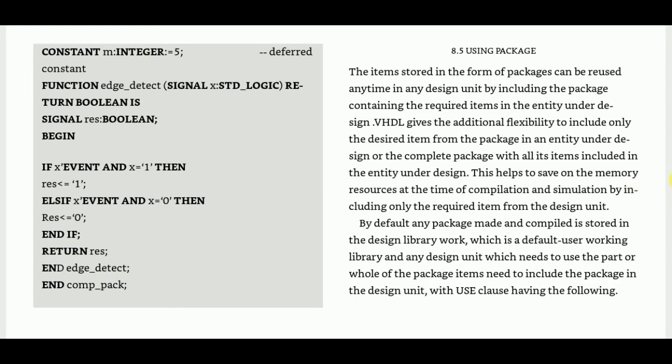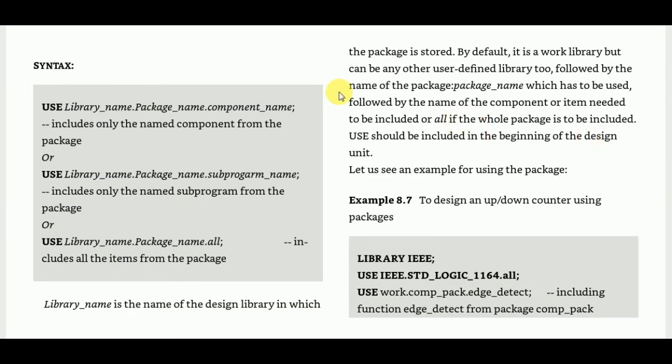Then how to use the use clause? This is the syntax. Use keyword, then library name dot package name dot component name. This statement includes only the named component from the package. So if we want to use a particular component only, then we will use this statement.